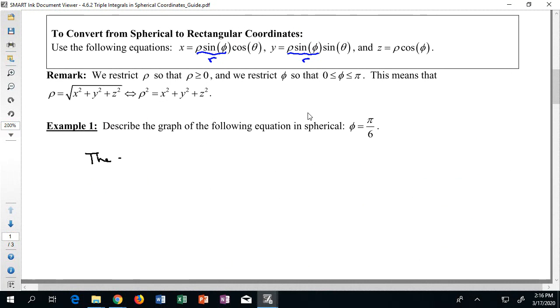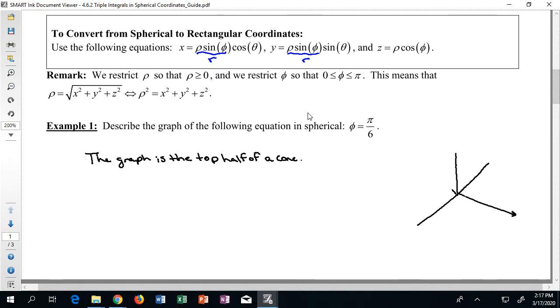All right, so here's what I got. I said that the graph is the top half of a cone. Specifically, I could imagine it looking something like this.